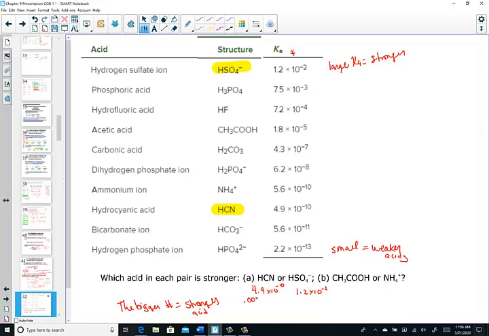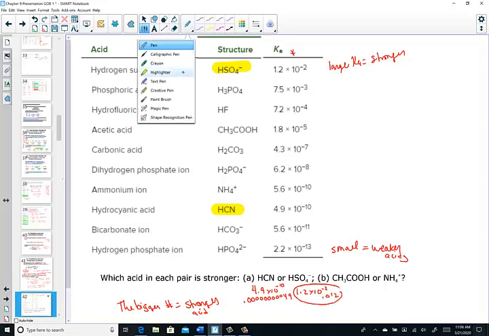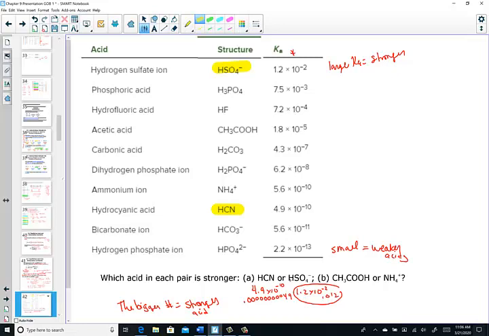It's like 0.1, 2, 3, 4, 5, 6, 7, 8, 9, then the number 4, 9. That's a really tiny number. In this example, 0.012, that's what 1.2 times 10 to the negative 2 means. That's a bigger number. The bigger number represents the stronger acid. So in this example, who's stronger? Well, it's HSO4 negative.